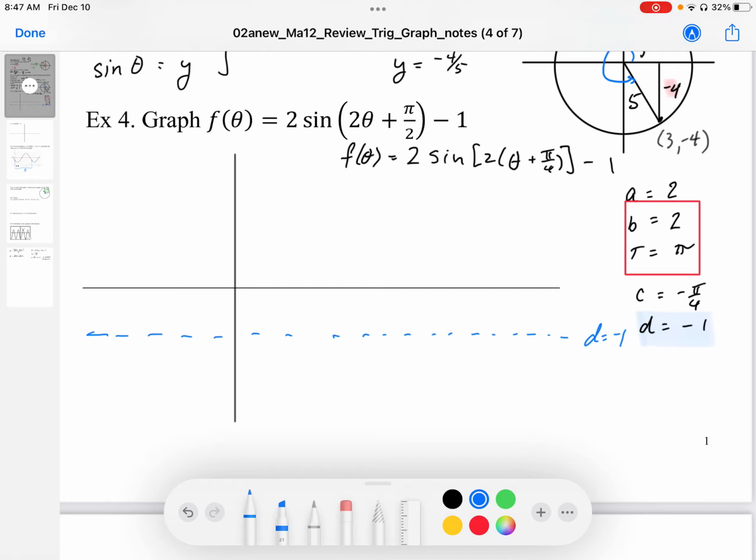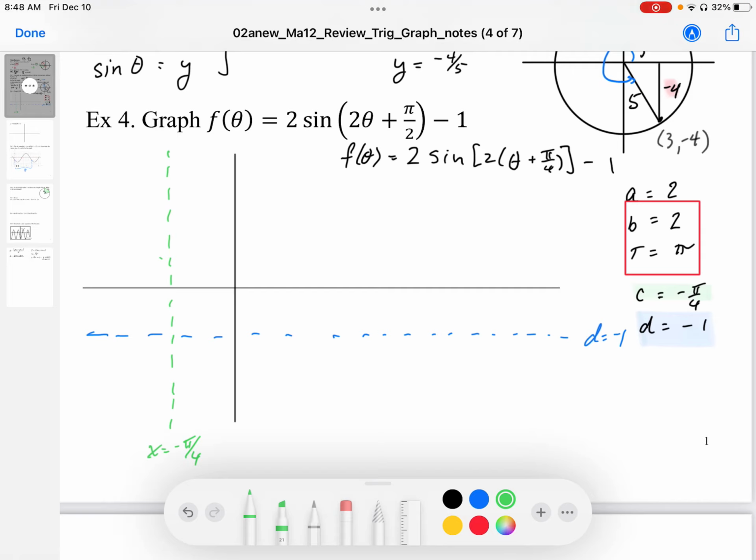Okay, the second thing is I'm going to take my horizontal shift. My horizontal shift is negative pi over 4. And when I do my horizontal shift, I want to take that into account with my period. My period is pi. So when I do my horizontal shift, I'm going to make sure that I can accommodate pi along the x-axis. So there's negative pi over 4.